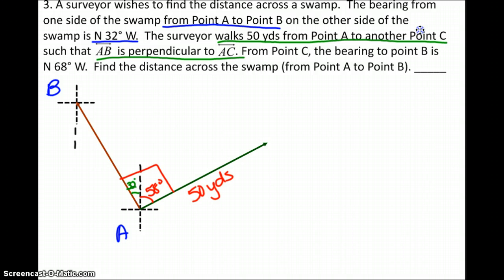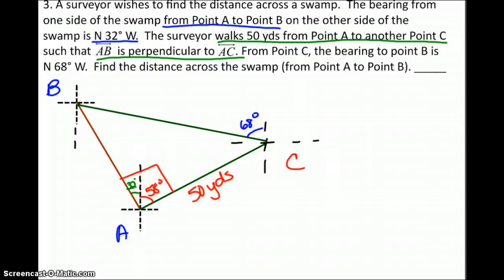From point C, which is right here, point B is northwest 68 degrees. So this is 68 degrees. Okay, and now we have to do a little bit of geometry.